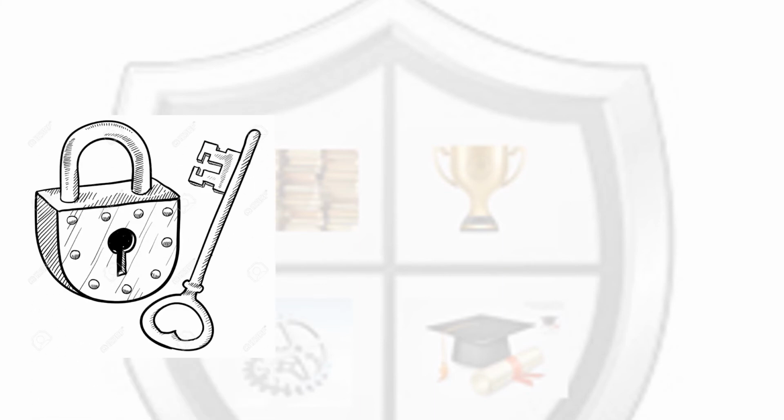So the mode of action of enzymes is often likened to a lock and key. It's usually referred to as the lock and key hypothesis, because only a key with a specific shape that can fit into the lock can unlock it.